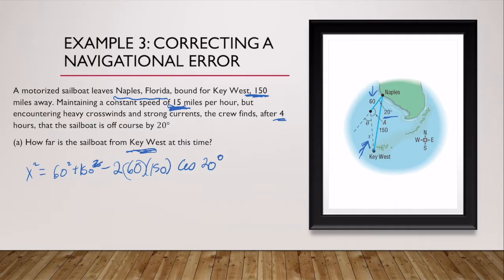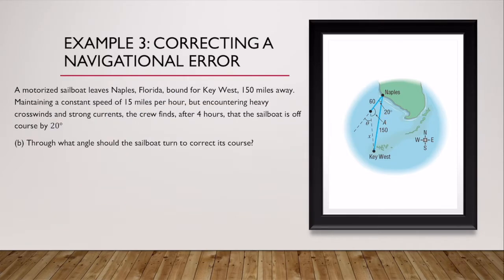That means x squared equals 9,185.53. Just plugging that all into my calculator, I get x is 95.8, which is about 96 miles. So x is 96 miles.